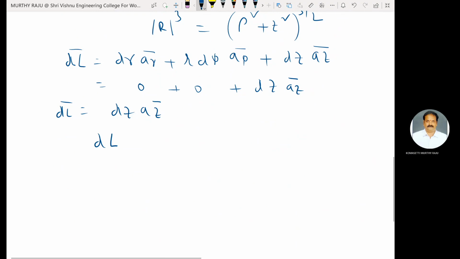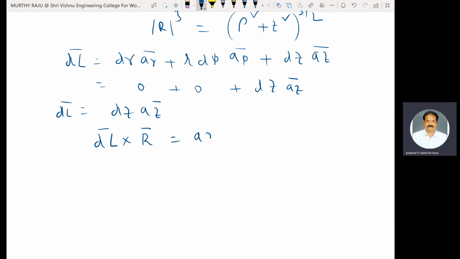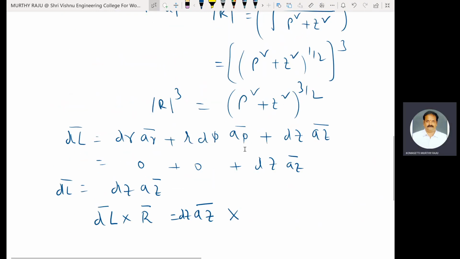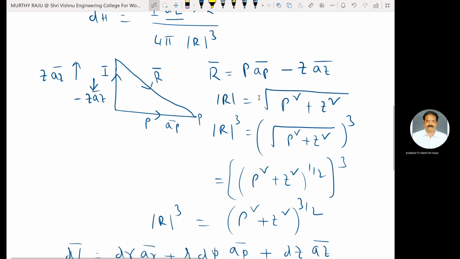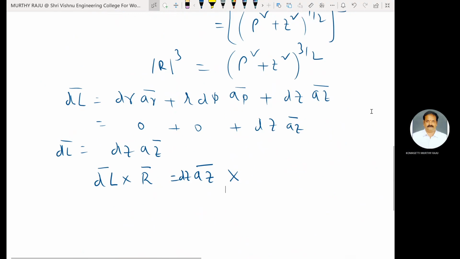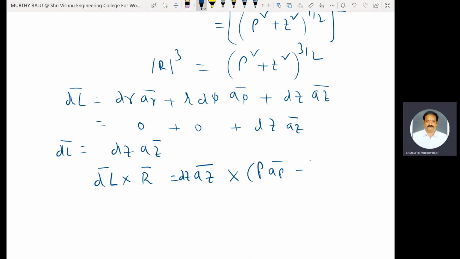Find out the cross product in that Biot-Savart equation, dl bar cross r bar. dl bar is a z bar dz, and r bar is equal to rho a rho bar minus z a z bar.